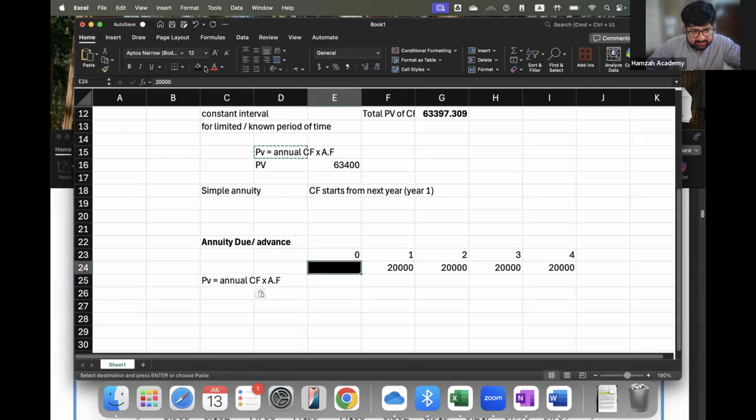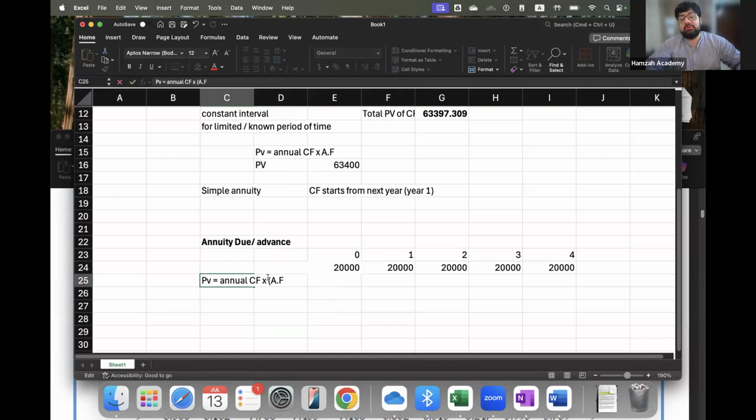But we know that there is year zero as well. If we ignored it, yes, we said that ignore it, it can be solved by this. But we cannot ignore it. So for year zero cash flow, we know discount factor is 1.